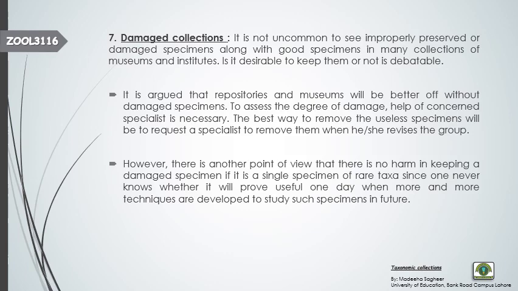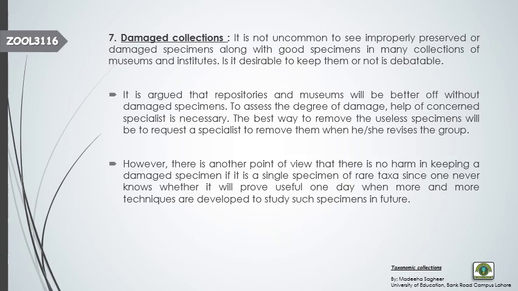So there is a debate whether the repository or the museum should keep these damaged collections, or whether it's better to remove them. Well, the best way to remove the useless specimen will be to request a specialist who is working on that particular group, who will remove it when he or she revises the group.